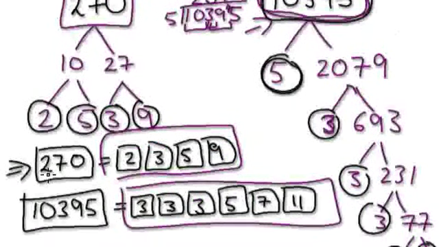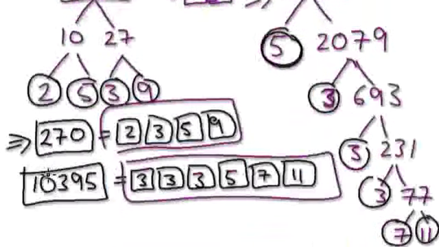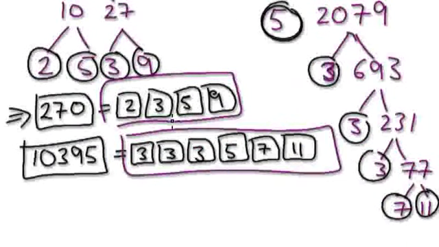Now we want to find the highest common factor. Common means what they've got in common. So let's see what they've got in common here. There's a building block of 2 at the top, but there's no building block of a 2 at the bottom. So what's in common is the 3.